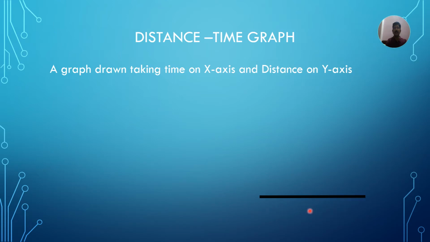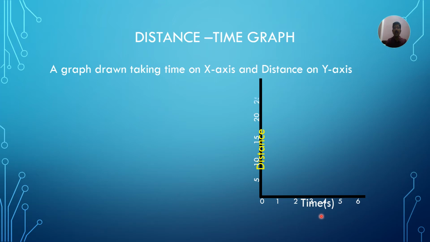Observe this one. This is the x-axis. On the x-axis, we are taking time in seconds, and distance is taken on the y-axis. Distance is measured in meters. Are you clear about that? So time is measured in seconds, whereas distance is measured in meters. Distance is always taken on the y-axis and time is always taken on the x-axis.